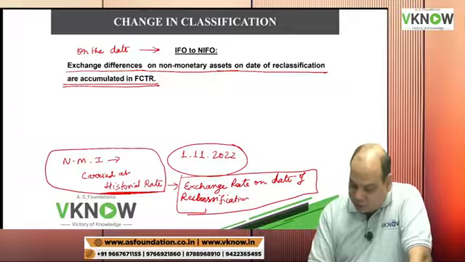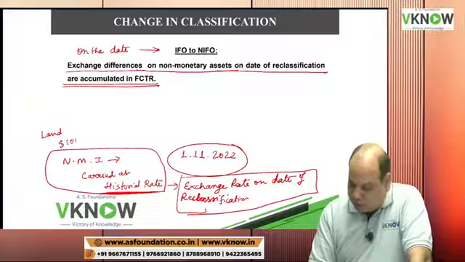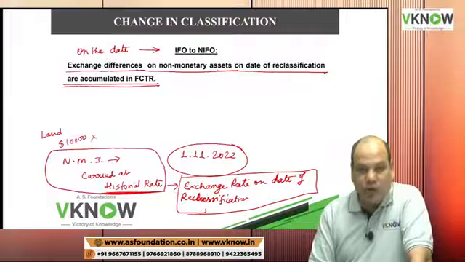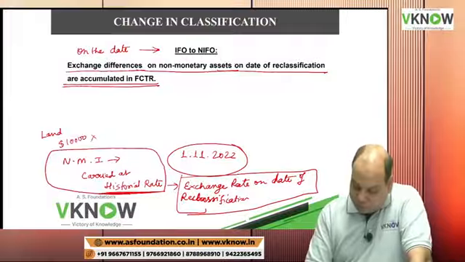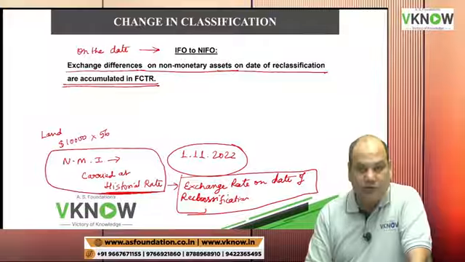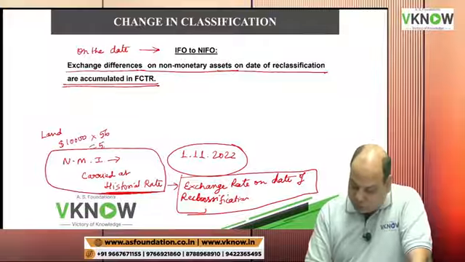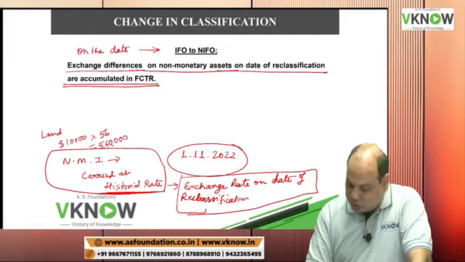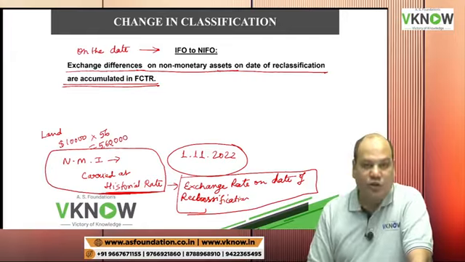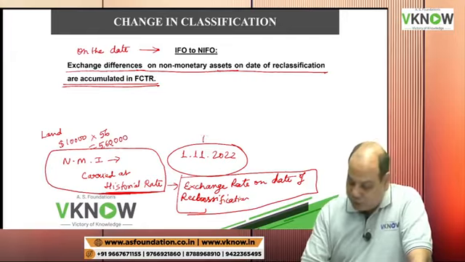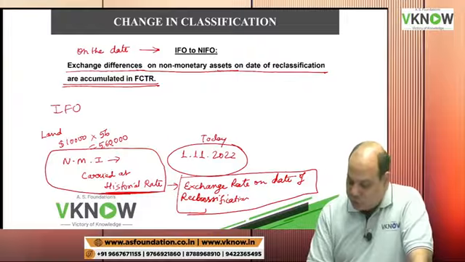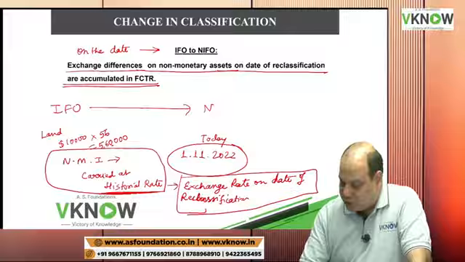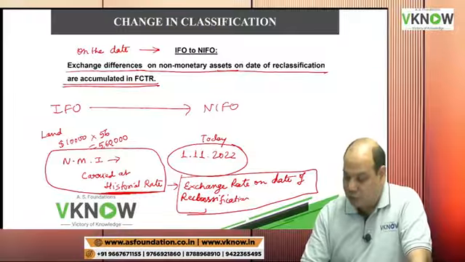Let us say in our books we have a land whose dollar value is 10,000. It was purchased 10 years ago at 56. So its historical rate is 56. It was appearing at 5,60,000. But today, instead of EFO, now we say this foreign operation will be classified as NIFO.